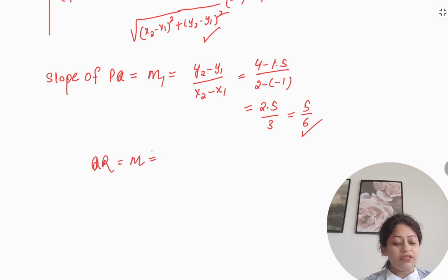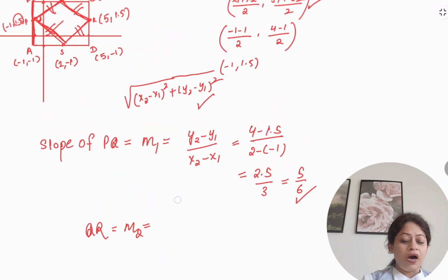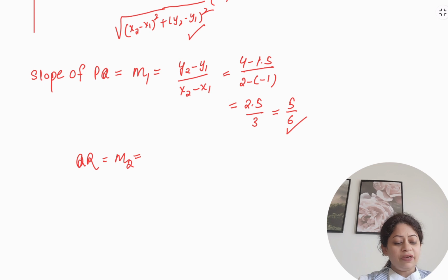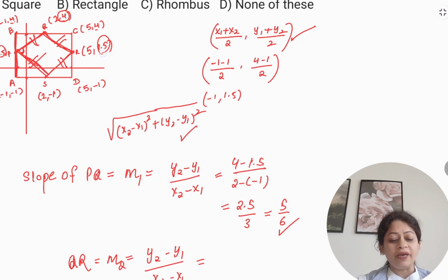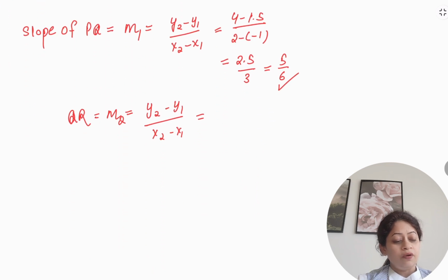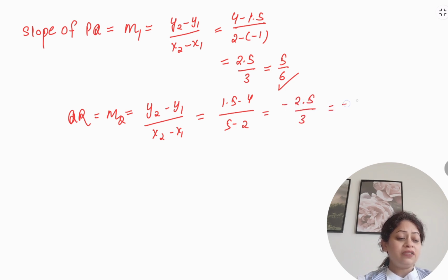Here we can call this m1 and this m2. For QR, apply the formula: 1.5 minus 4 divided by 5 minus 2. It is -2.5 by 3, that is minus 5 by 6.